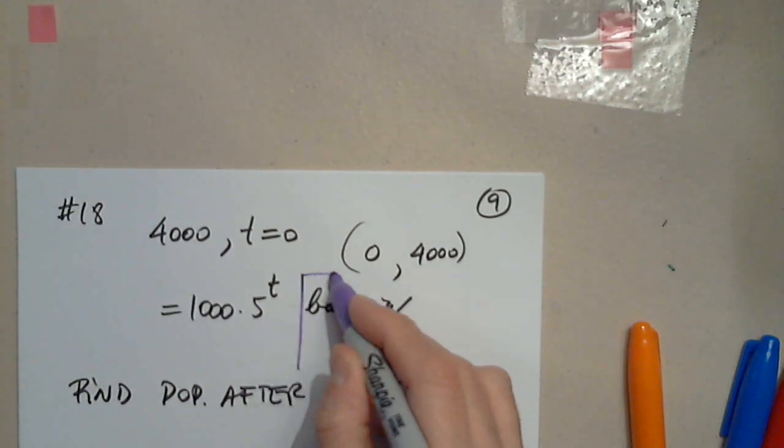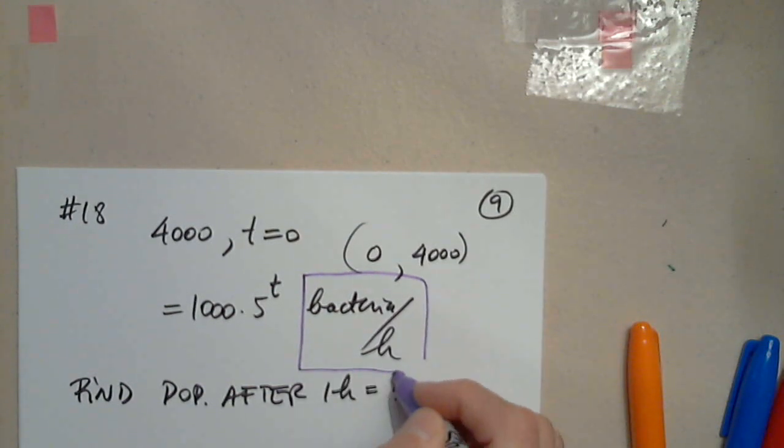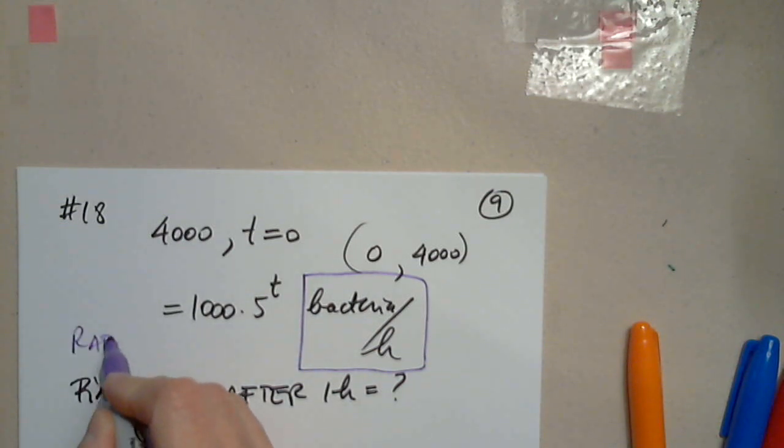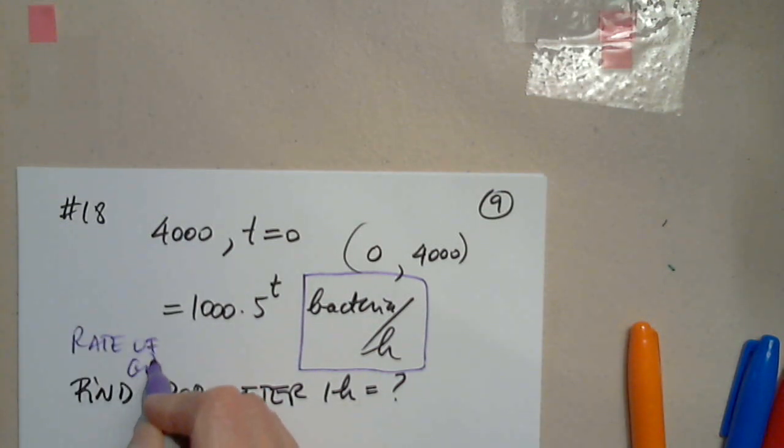This should tell you exactly what it is. And there is one more word in there that it says rate of growth. So what do I put here? These two should tell us exactly what that is.